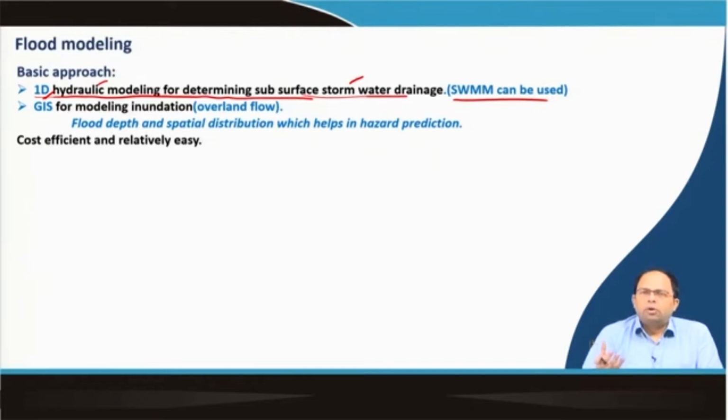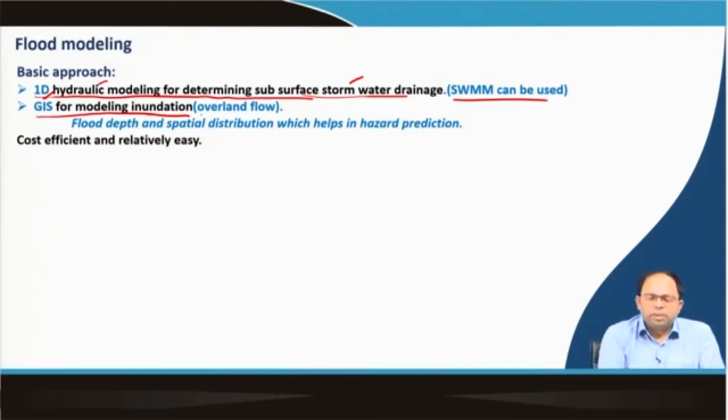That means where the volume of water that comes to the node and the capacity of that node is not adequate, we can determine that, and we can also determine the total volume of water that is flooded, that is creating the flood, and then we can use GIS to model the inundation or the flooding because of that water. So, that excess water at the node, which is estimated and is creating the flood, could be taken into GIS, and then we can model the inundation or the spread of flooding because of that excess water.